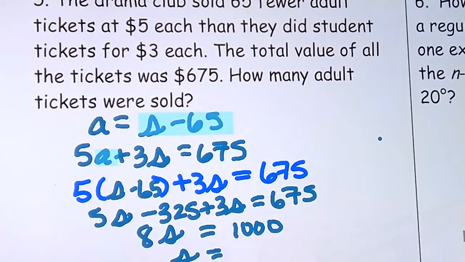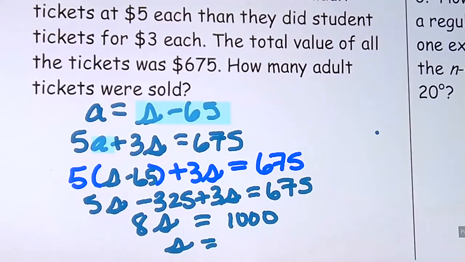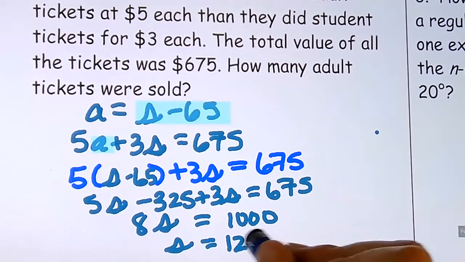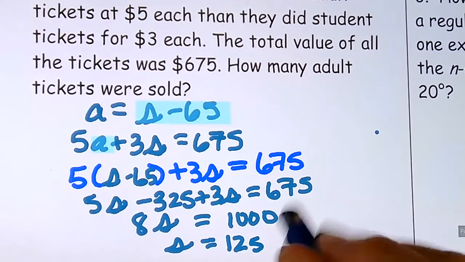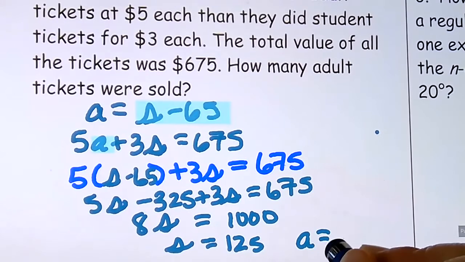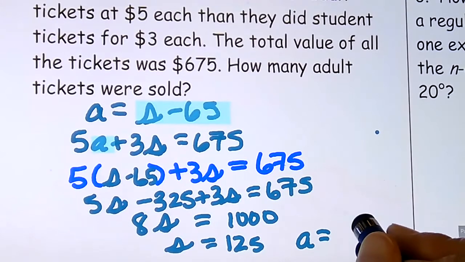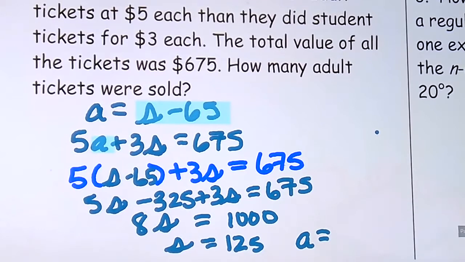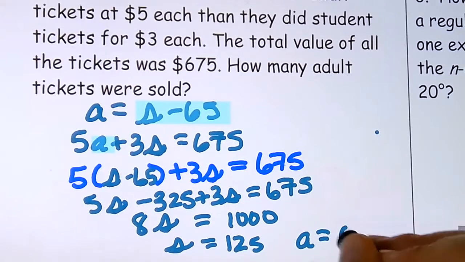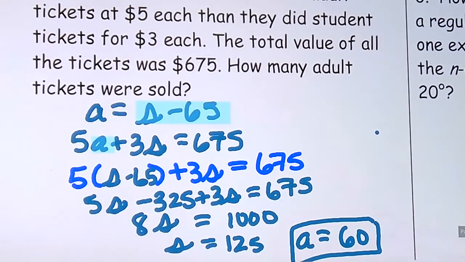I'm going to divide by 8 and I end up getting 125 students. Okay, then my adults is 65 less. So I'm going to take 125 minus 65 and I get 60, and that's my answer.